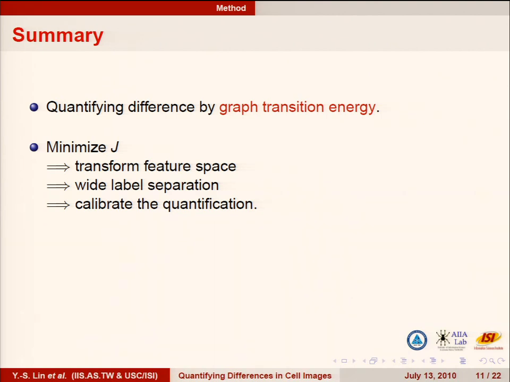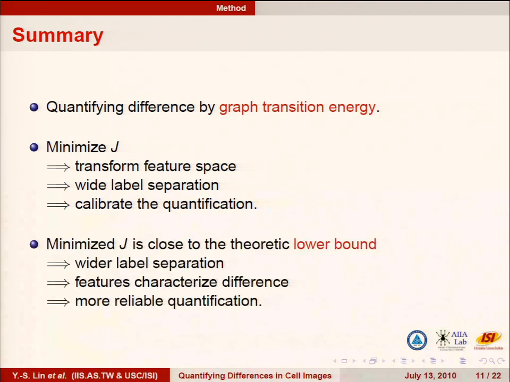This also calibrates our quantification, in the sense that it is minimized to the statistical lower bound that we just showed. In effect, there is a higher level of separation, which means our method characterizes differences better, and then we will have more reproducible results.